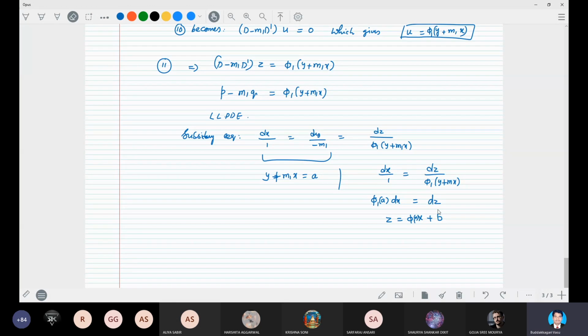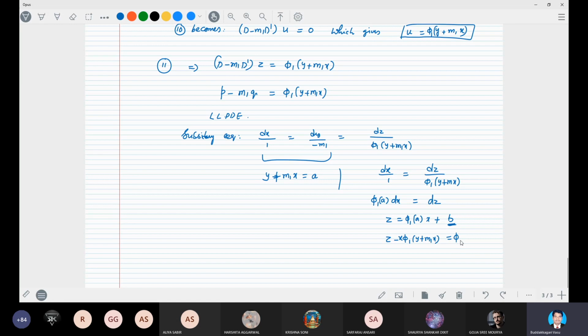I will write it in full. Integrating on both sides, z is equal to phi 1 of a into x plus b, another constant of integration. Now z is equal to phi 1 of y plus m1x into x, that I write before, plus b. What is b again? B is again an arbitrary constant, right?